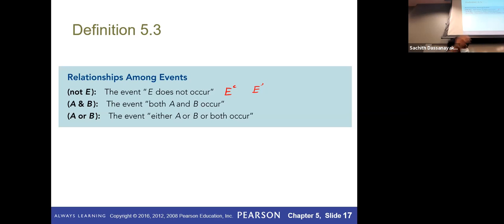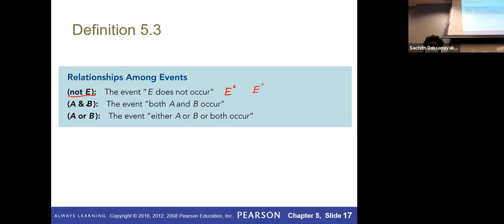E complement means not E, E dash means not E. Or you can stick with this notation, that's also fine. Anyway, when you see not E, you know that is the complement of this event.